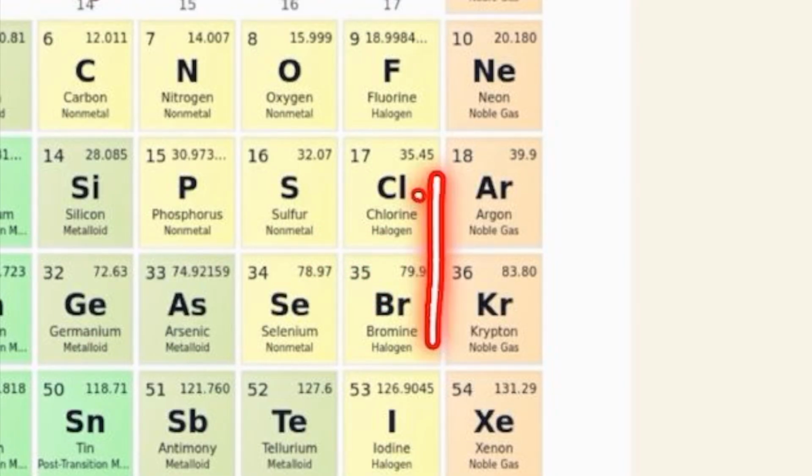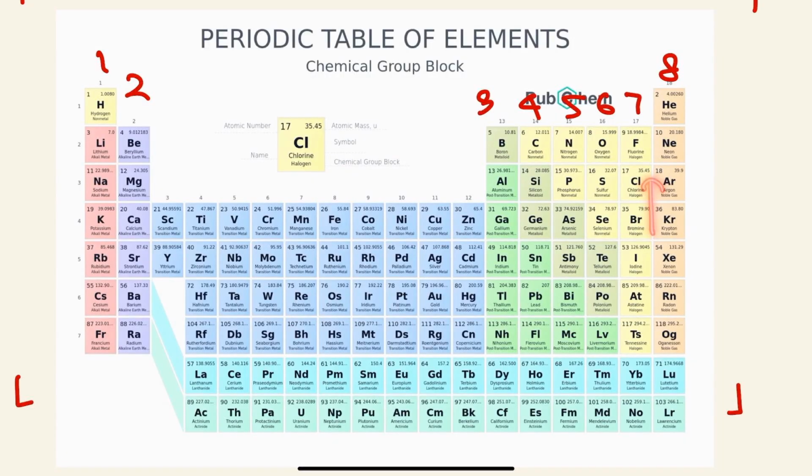But if we're comparing atoms vertically, instead of comparing protons, we're going to compare shells. This is in the n equals 3 level, and this is on the n equals 4 level. If you have more shells, you're going to have more electrons repelling each other. Therefore, there's less attraction, and the atom is less likely to attract valence electrons.